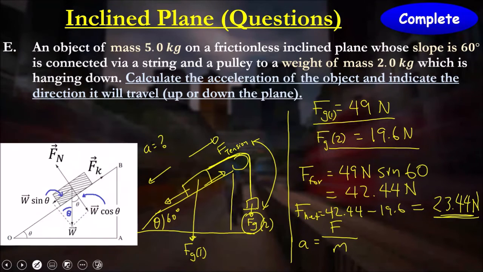Now what a lot of you would probably write down is the net force is 23 here, and that's completely fine. This might sometimes be something that people forget about, and that is the mass. Remember, our block here is tied to this block here. So rather than using a mass of 5, because these two are connected to each other, the total mass is actually 5 plus 2.